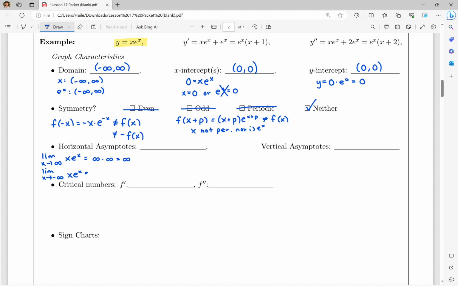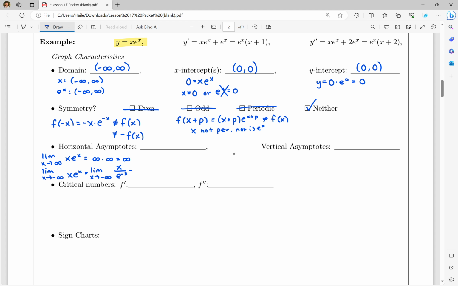So we're going to get limit as x goes to negative infinity of x over e to the negative x. Okay, now from that we get an infinity over infinity situation.